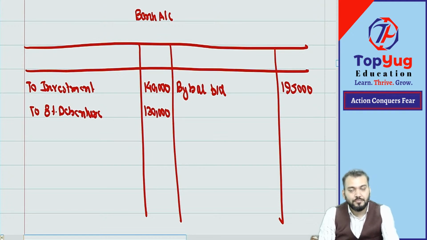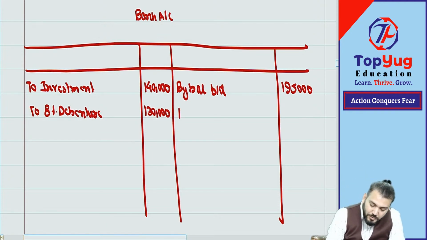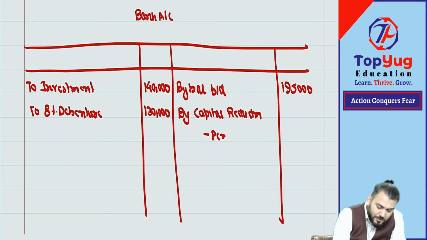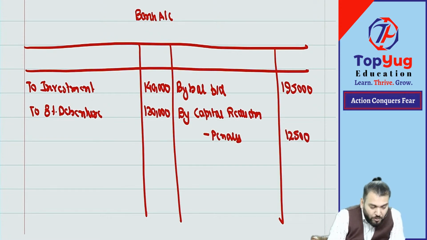Then what? Penalty, paid by capital reduction. You can write down this is paid for penalty, with a hyphen. How much? 12,000. Any more payment or receipt?